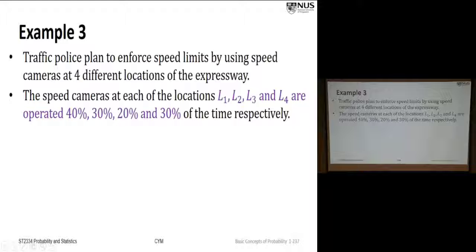The speed camera at each location operates 40, 30, 20, and 30% of the time. Does all this number add up to 100%? It's not 100%. Why? Why does it not add up to 100%?